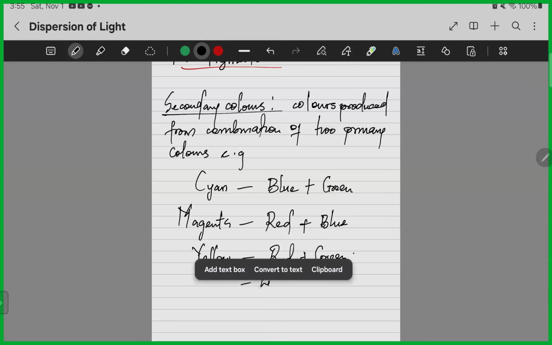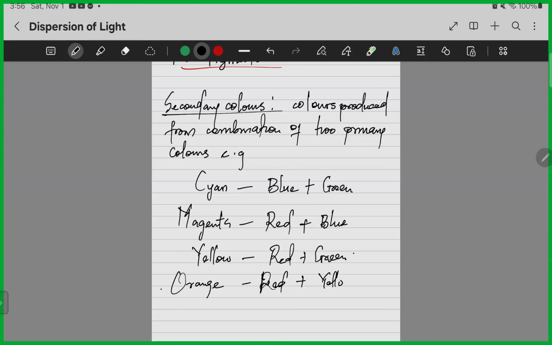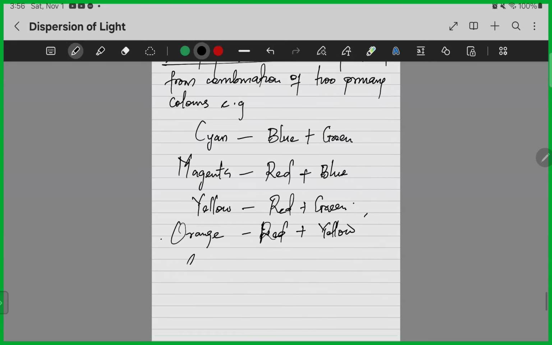So you can get orange. Orange comes from red and yellow. Green comes from blue and yellow.